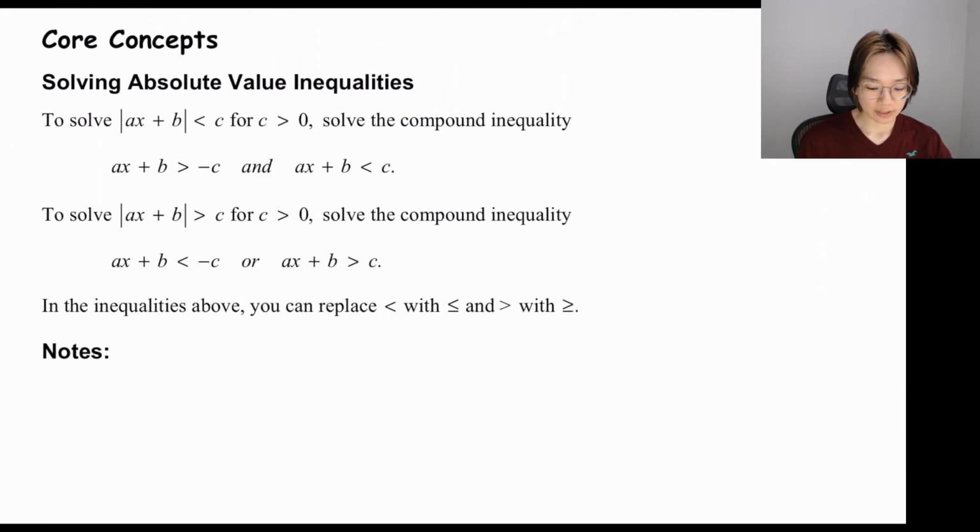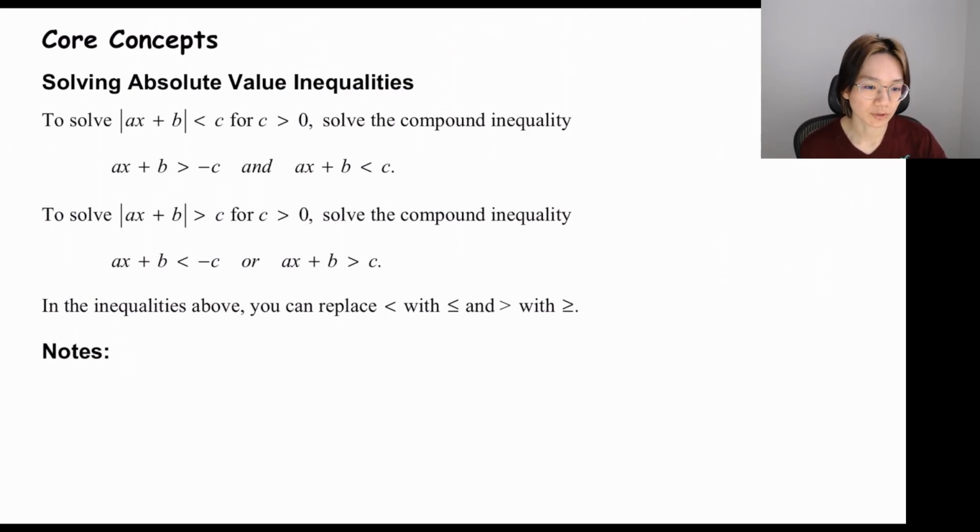Now, for these core concepts for solving absolute value inequalities, I'm not going to say things get tricky, but they do get a little bit more complicated. So I'm just going to show you examples, and those examples are going to be basically what this core concept is saying, because this is just a bunch of letters and numbers.